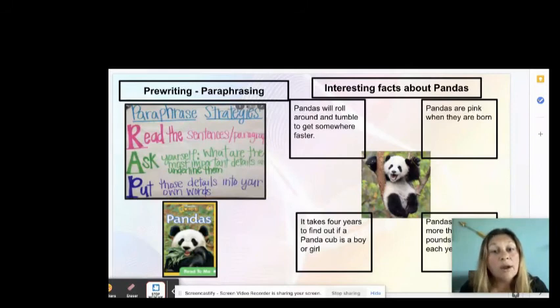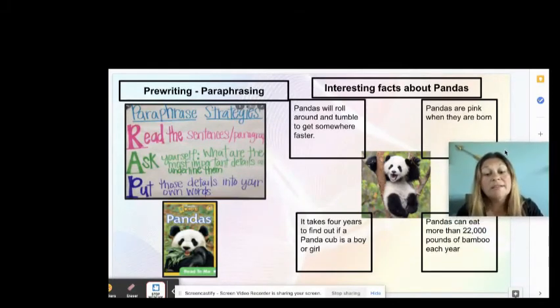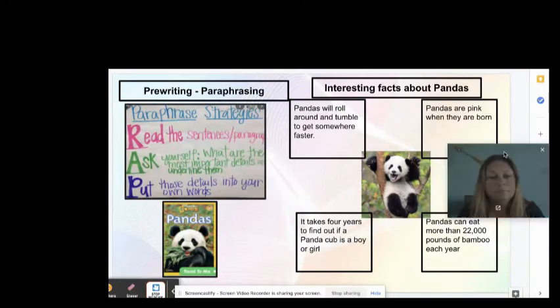Pandas are pink when they are born. It takes 4 years to find out if a panda cub is a boy or a girl. That's a long time. And pandas can eat more than 22,000 pounds of bamboo each year. That's a lot of bamboo. Now that I've put together my information that I gathered from my book, Pandas, I can start paraphrasing the information.